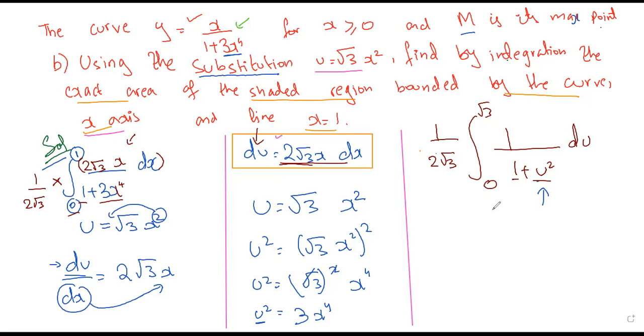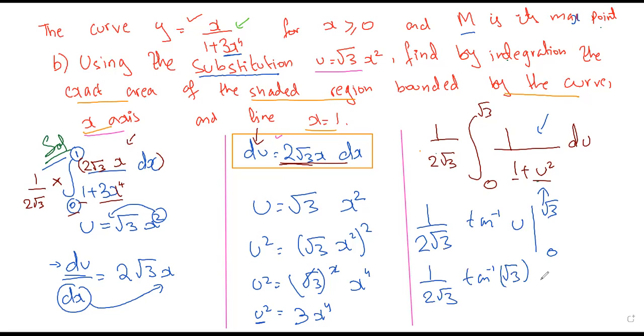So 1 by 2 root 3 will come as it is. For this integration, I know I have tan inverse u, between root 3 and 0. So 1 by 2 root 3 times tan inverse root 3 minus tan inverse 0.